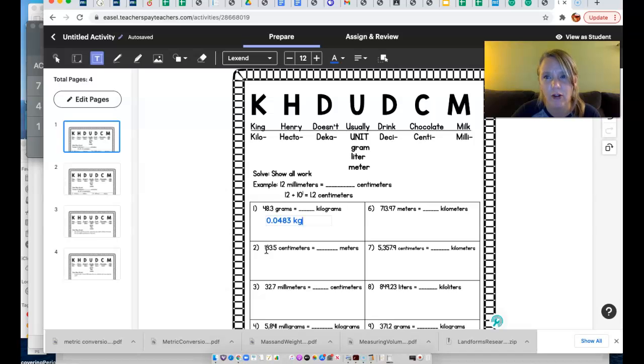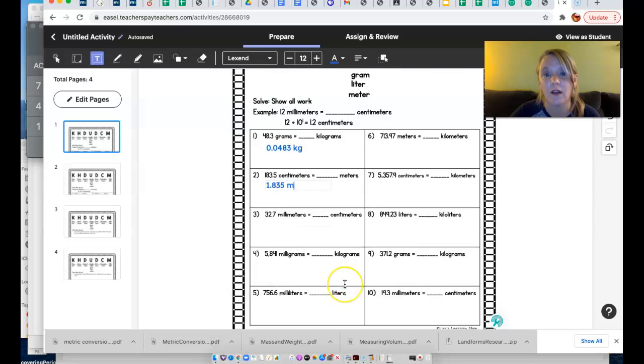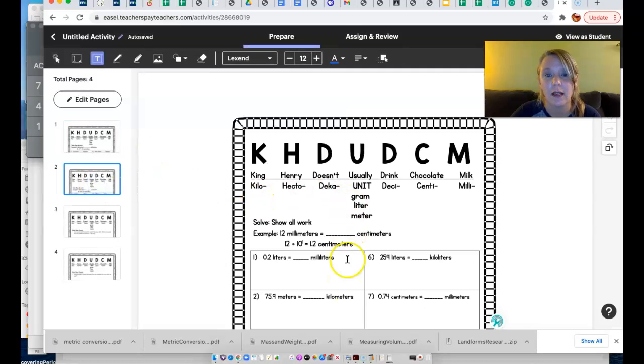Did I say right before? I meant left. All right, so it would be 1.835 meters. All right, and these are all the same, okay? It's just moving the decimal left or right on this page and on the second page.